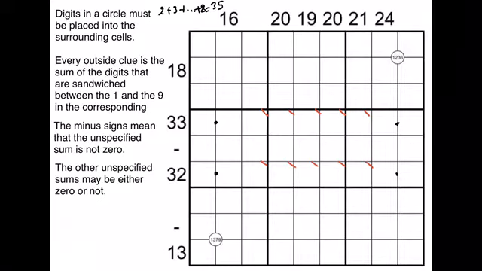So the exact position of those 1s and 9s must be determined, but you should note something. This 16 clue means that it's not possible for both those 1 and 9 to be here and there, because then you would have only one digit sandwiched between the two, and the sum wouldn't be 16.